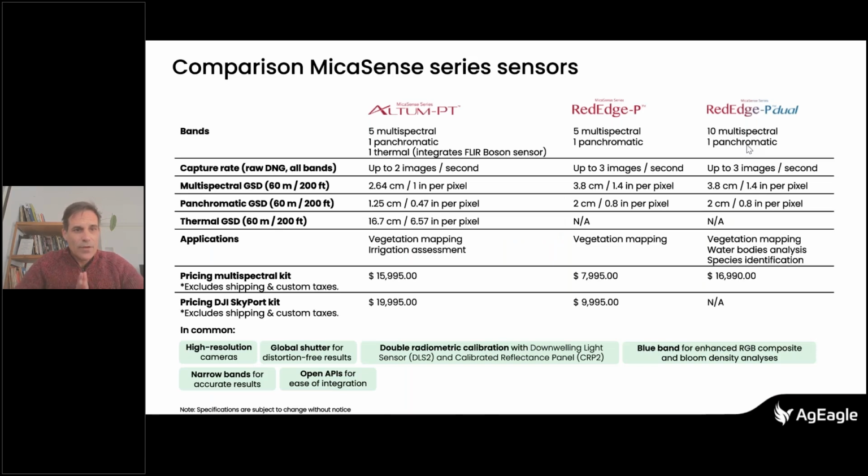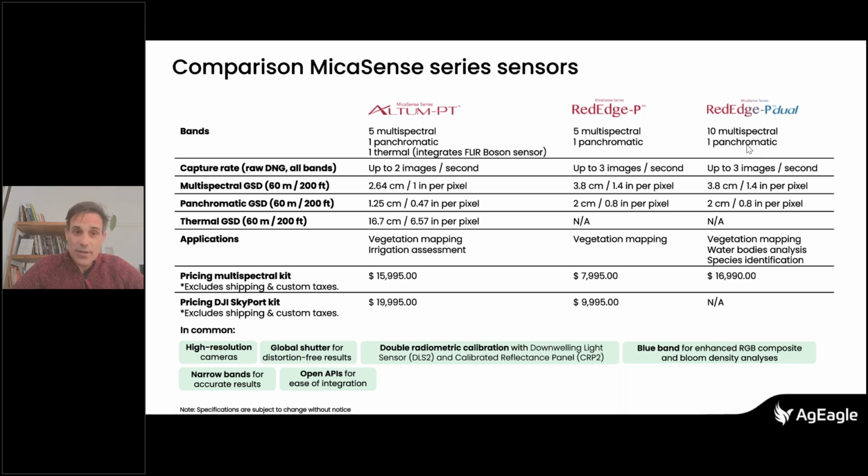Okay, so for the thermal, we have 16 centimeters at 60 meter high. So that is the Boson 320 lines, right? This is actually the only way you can make maps with such a low thermal resolution, because if you only fly with this thermal camera with 320 lines, you cannot make a map because the resolution is too low.